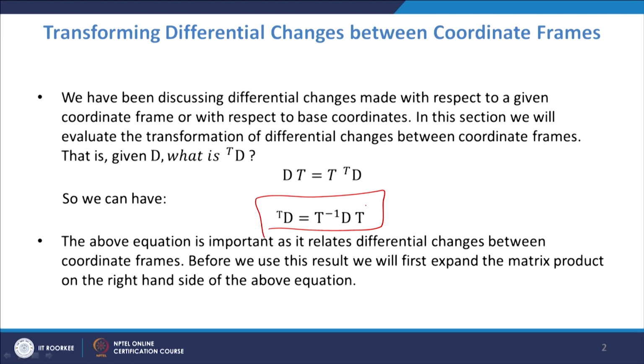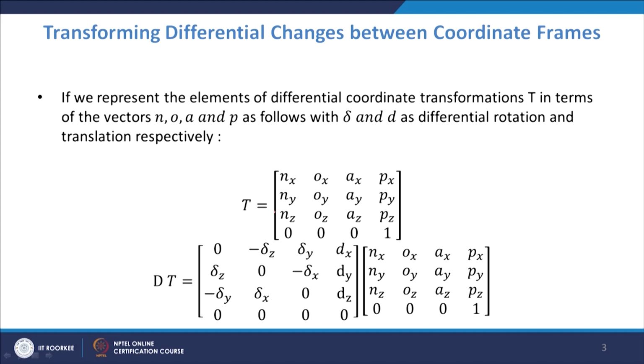If you are able to evaluate the right hand side expression, we get the relation between D and D superscript T, and then we can make use of them in certain problems.